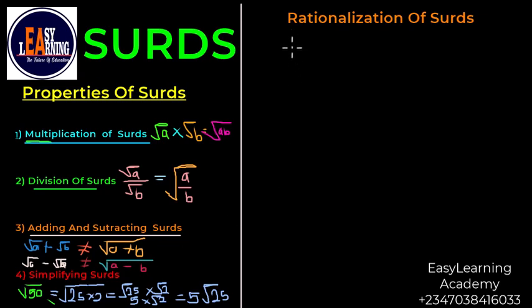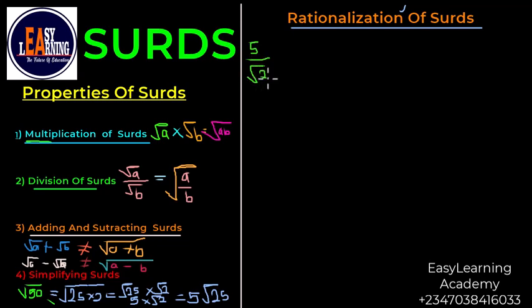Okay, so when it comes to rationalization of surds, there's something I want you to understand, that rationalization here simply means the removal of surd from the denominator. The removal of surds from the denominator. We can have a number, let's say we have a number like 5 over the square root of 2.